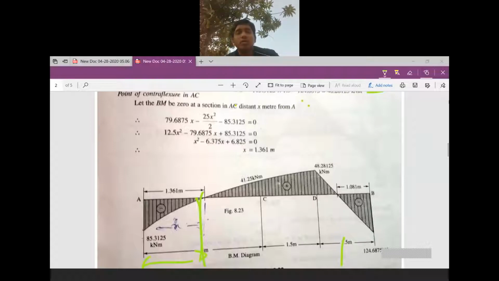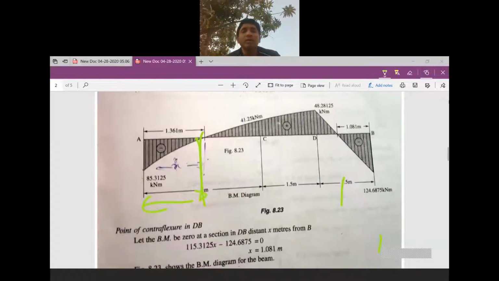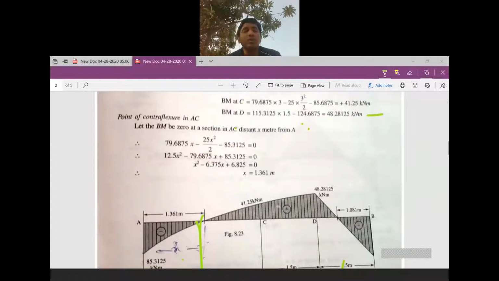So here you are calculating the moment about x. At this point you will calculate 85.3125 into x. Here you have a uniformly distributed load, 25 into x into x by 2, and an external moment.